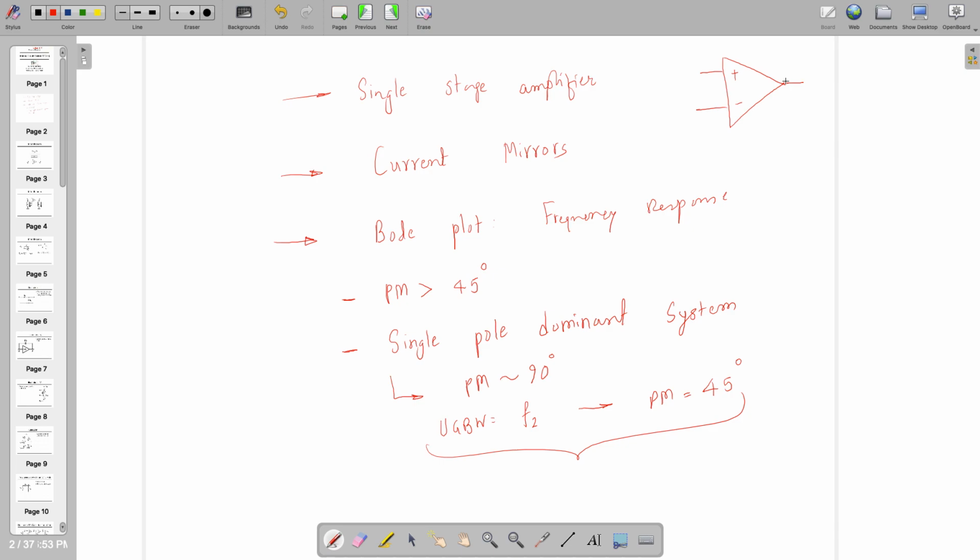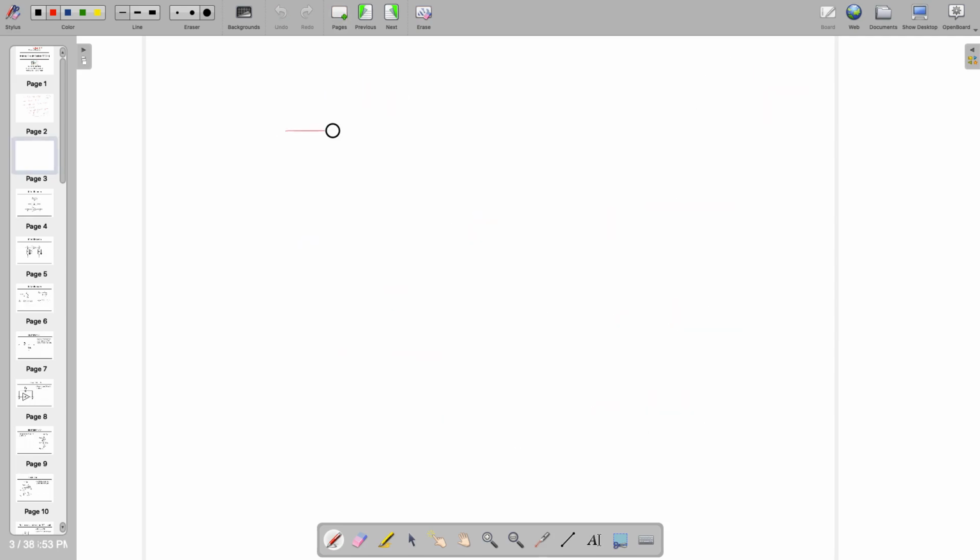And this is one of the objectives of this course, to make an op amp which can solve all these problems, or which will give you one tool so that you can fulfill all these applications very well. So now let's go to the next topic, which is frequency response.